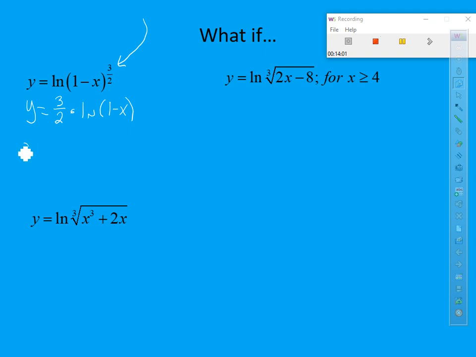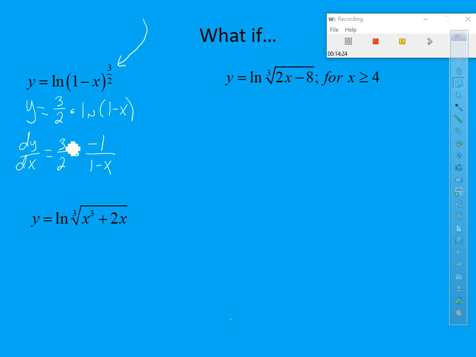Now to get this derivative, I don't need the product rule because this is just a constant. So I've got 3/2 times, now focus on the derivative of the natural log of 1 minus x. It's going to be the derivative of what you see, which is -1, over what you see.